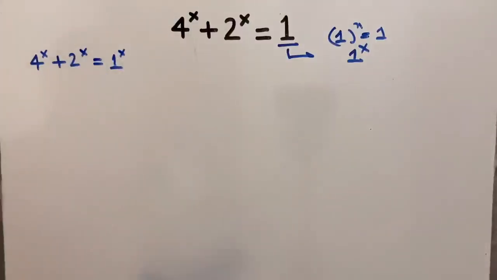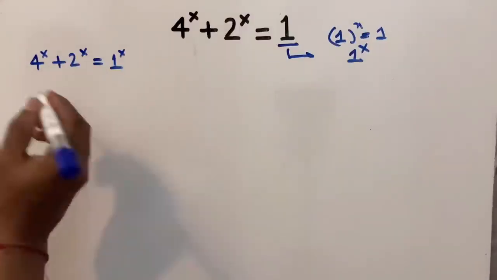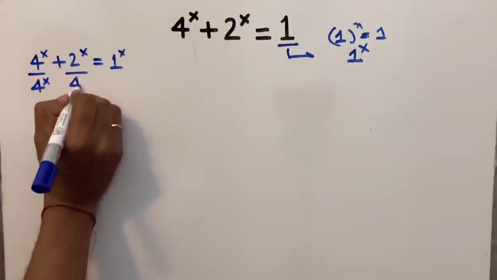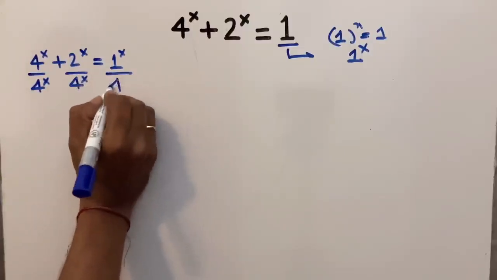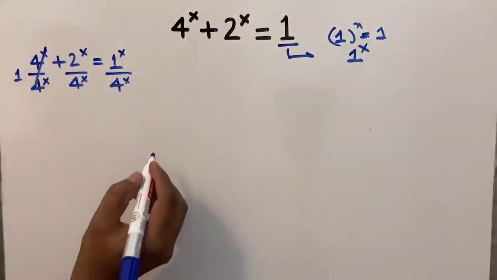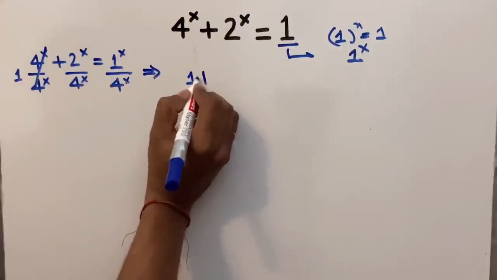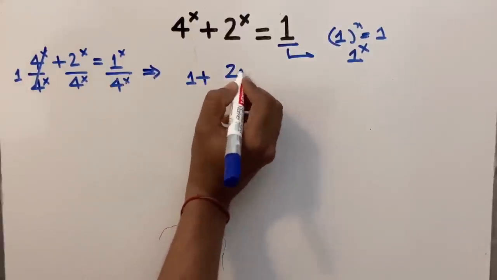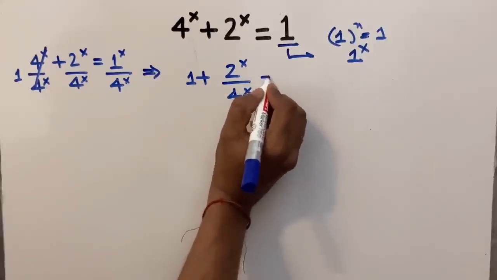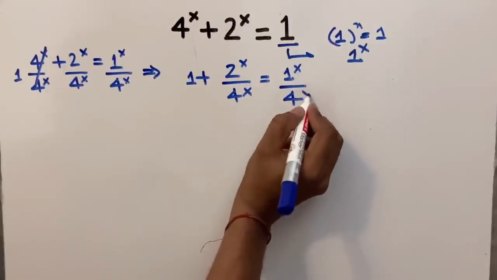To further simplify this equation, we will divide each term by 4 to power x. This will cancel to 1. So this equation will simplify to 1 plus 2 to power x divided by 4 to power x equals to 1 to power x divided by 4 to power x.